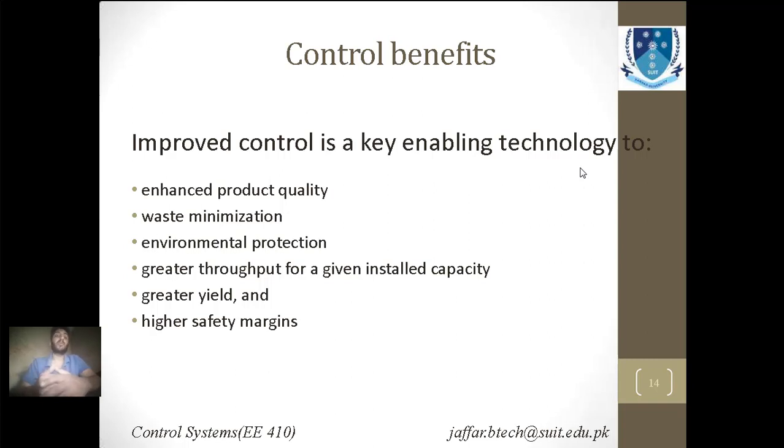Environment protection: you can monitor the environment, and see how much you have reduced pollution or air pollution or anything like that. Nowadays you see the new Japanese cars that they are manufacturing, the engine of that car makes zero noise. That is why they are called eco-friendly, and they have achieved all of this due to the control system. You can achieve greater throughput for a given installed capacity.